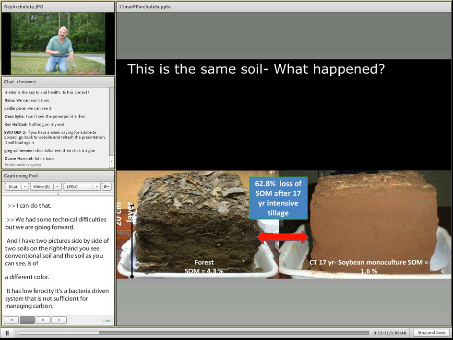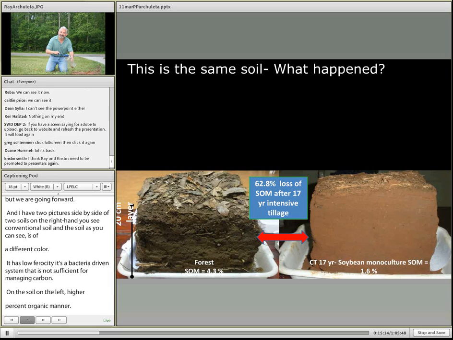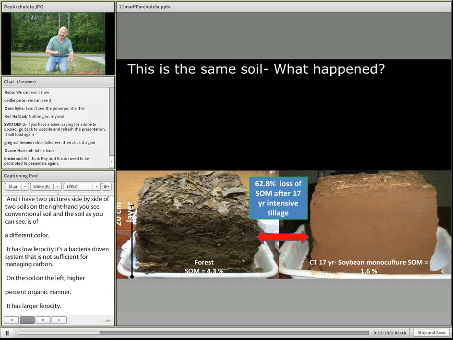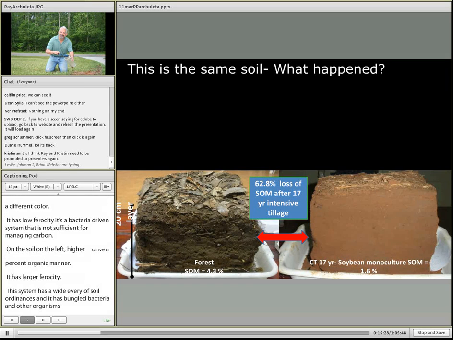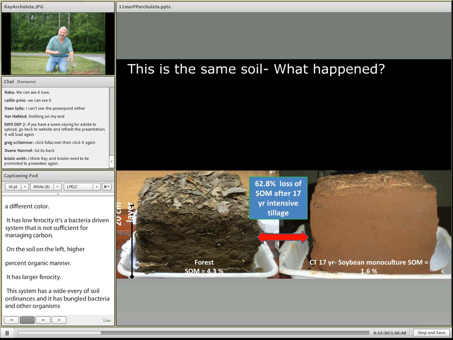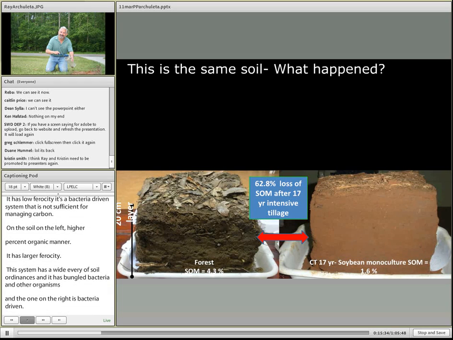This system has a wide array of soil organisms: fungal, bacteria, and others, and the one on the right is bacteria-driven. The system on the right has compaction organisms predominantly, and those are bacteria. So the soil on the right is not going to be as efficient for cycling nutrients, and the soil on the left is going to be more efficient for cycling nutrients.